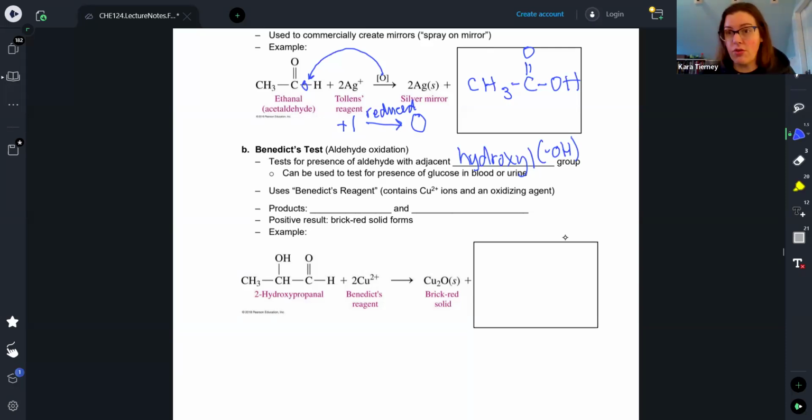All aldoses do, because every carbon in an aldose has an alcohol or the first carbon, which has the aldehyde. So this is a way to test for these types of compounds. So we're going to use this to test for carbohydrates in our last lab of the semester.